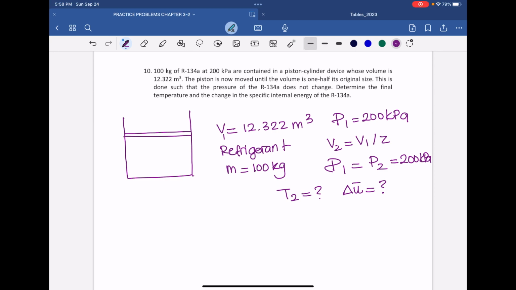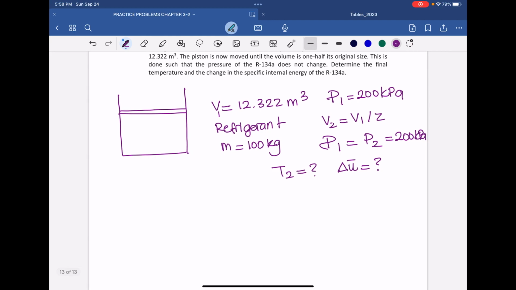And let's analyze the first state and the second state. In the first state, they give us the pressure. They also give us the specific volume, because you can calculate it, right?